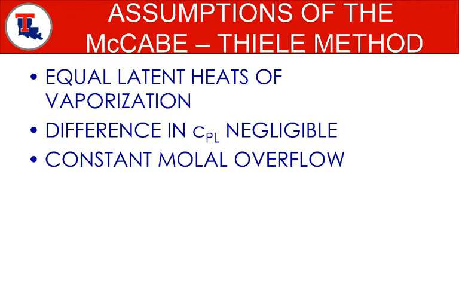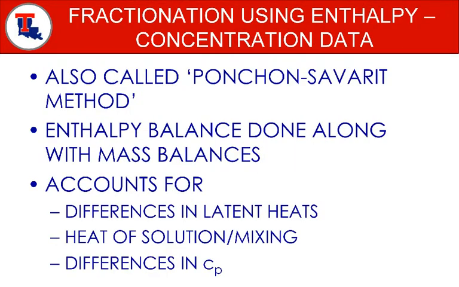But in reality, that's not true, okay? So we need a different kind of method to do these constructions. So there's a method called enthalpy concentration method, or the Ponchon-Savarit method. If you go to other textbooks, you will see that name, Ponchon-Savarit method. Just don't get confused. What you do in this method is you do enthalpy balances along each tray.